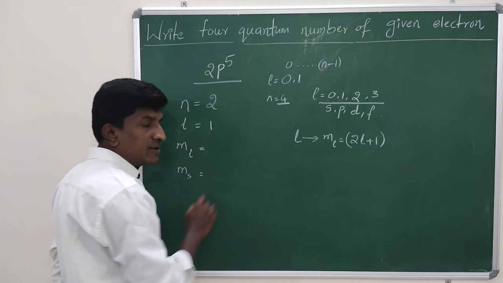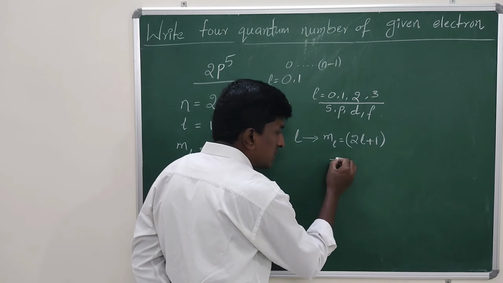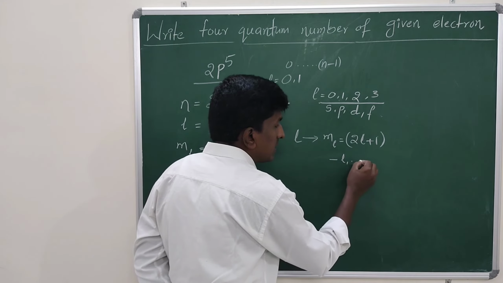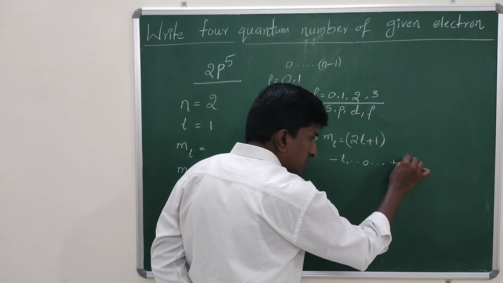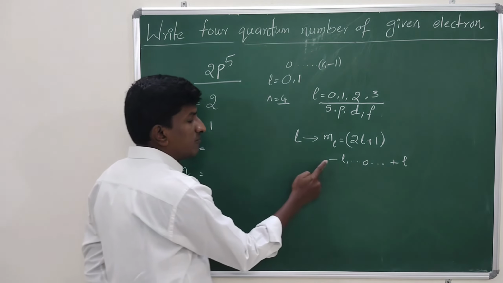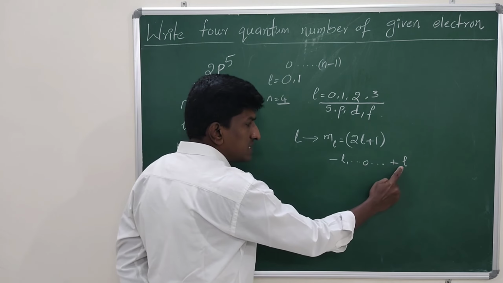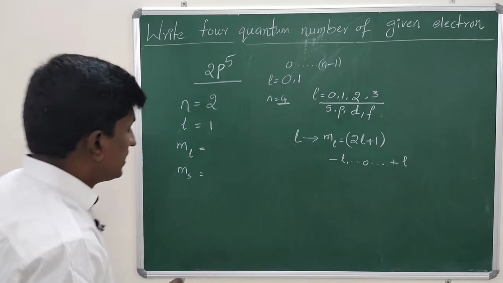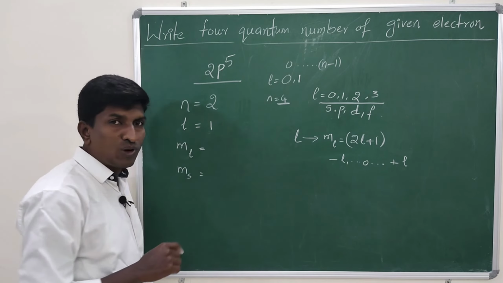These values start from minus L, through 0, up to plus L. Based on the L value, the first value starts from minus L and the final value ends with plus L. Here the angular momentum quantum number is 1.